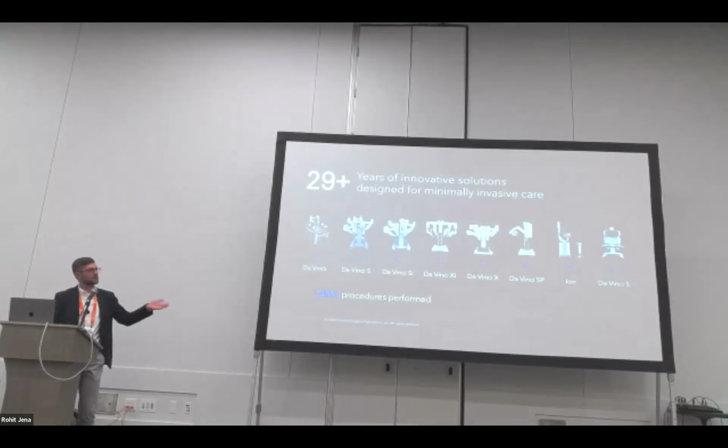And so you can see an evolution of the platforms that have come out from the Da Vinci to the Da Vinci SI, XI, XSP. There's now a new platform for lung biopsies. And so you can navigate to the distal portions of a lung to potentially diagnose lung cancer much earlier. And then Da Vinci 5, which I want to talk about because it is a platform, again, built with intelligence at its core.